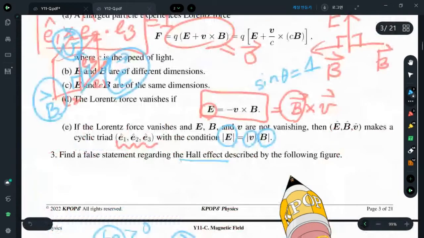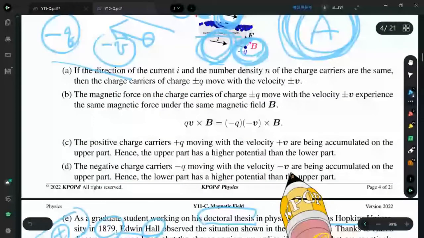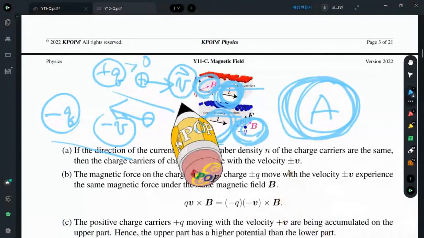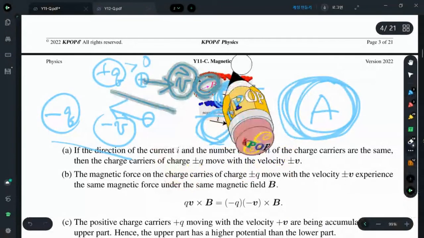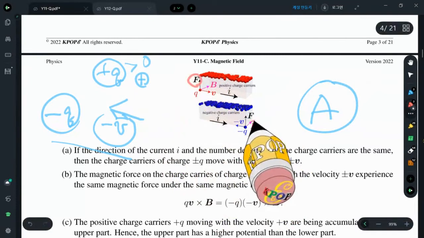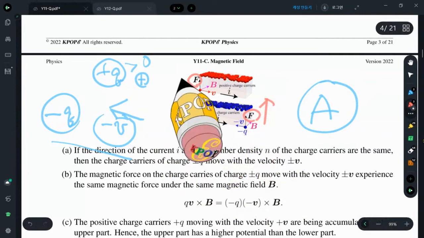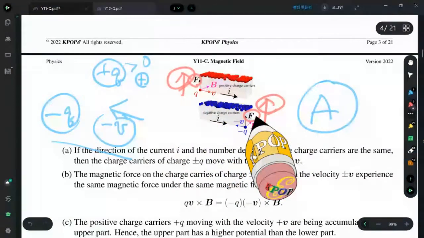By applying that idea, graduate student Hall expected that whether it is positively charged particles or negatively charged particles, both of them accept the magnetic force along the same direction. That's very important.